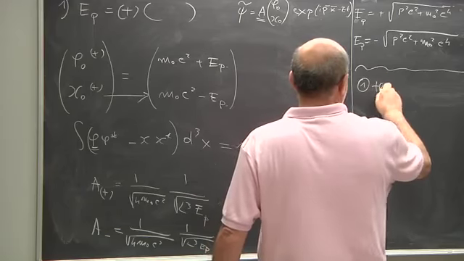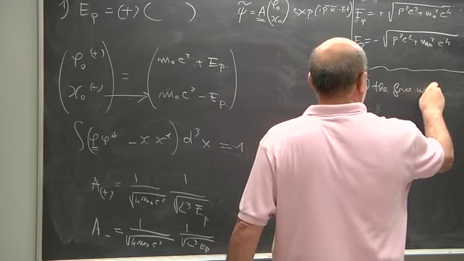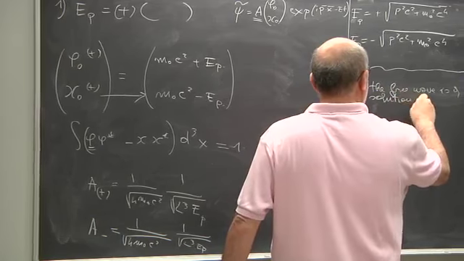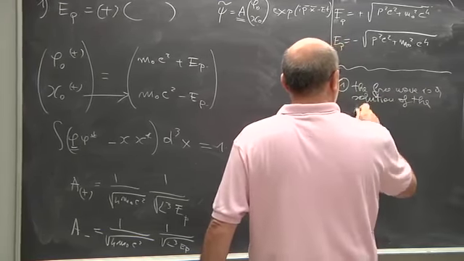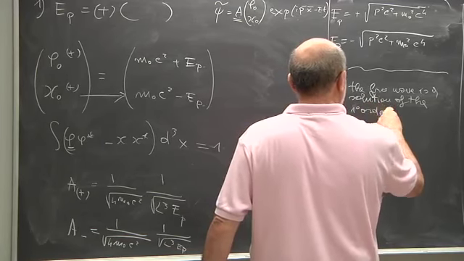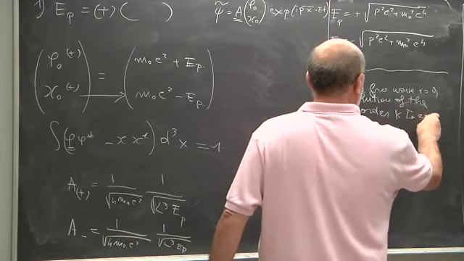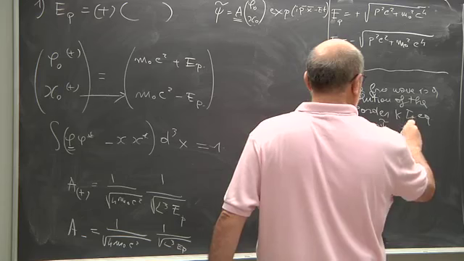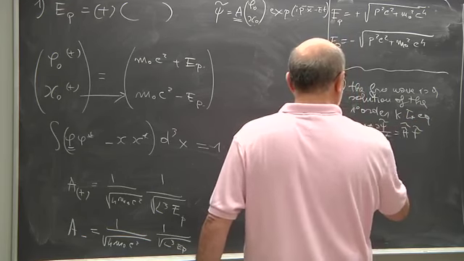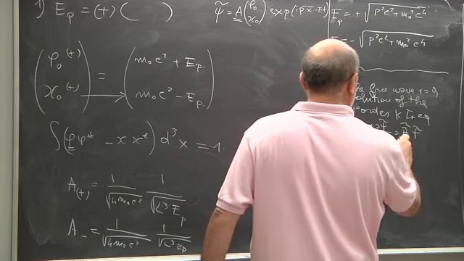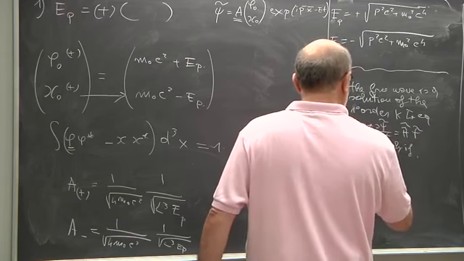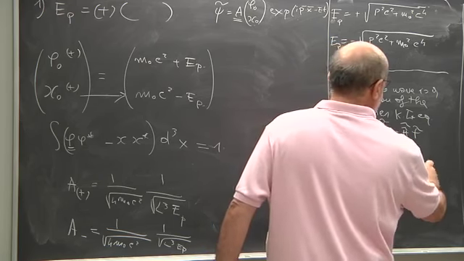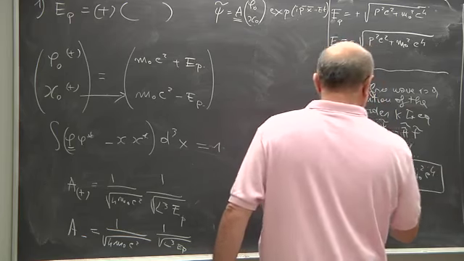First, the free wave is a solution of the first order Klein-Gordon equation if and only if E square is equal to P square C square plus M0 C square. So that is the first thing.